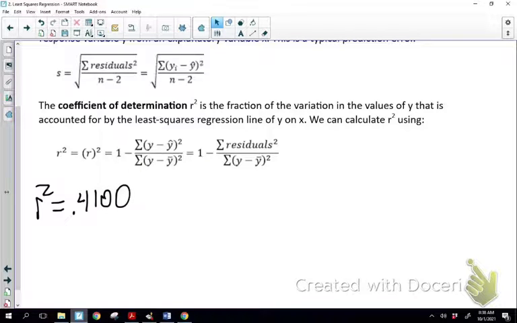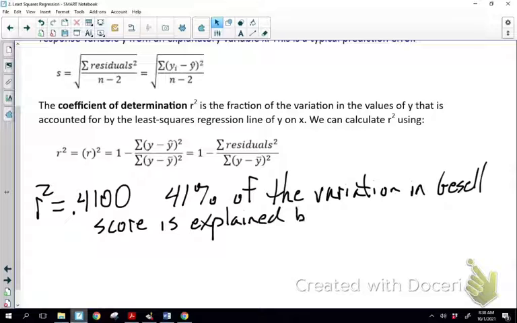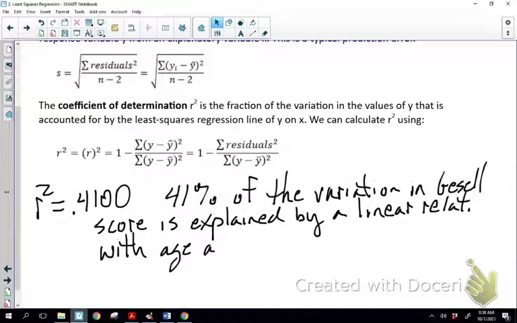So I would interpret this in context by saying 41% of the variation, I'm not going to say y, I'm going to say the actual y, the context of y, of the variation in Gessel score is explained by a linear relationship with age at first word spoken.